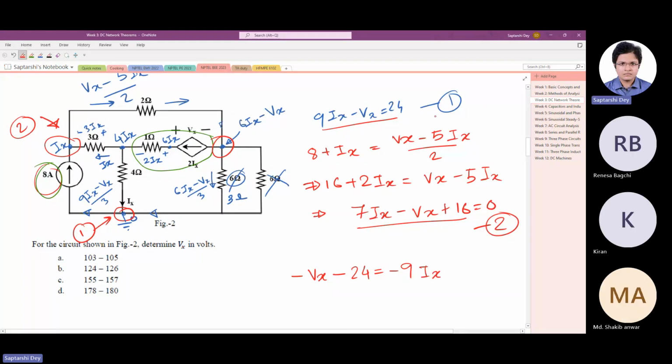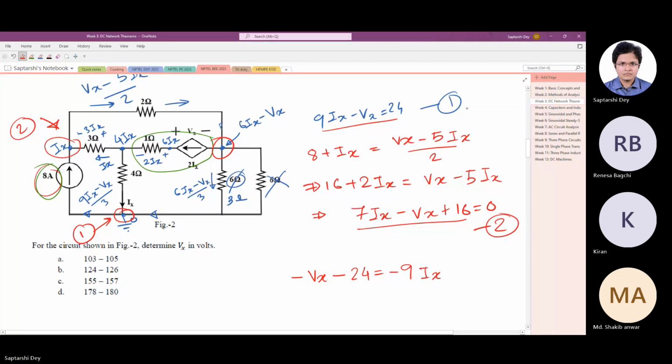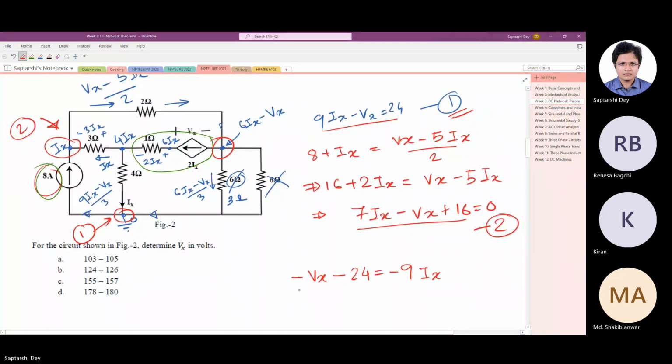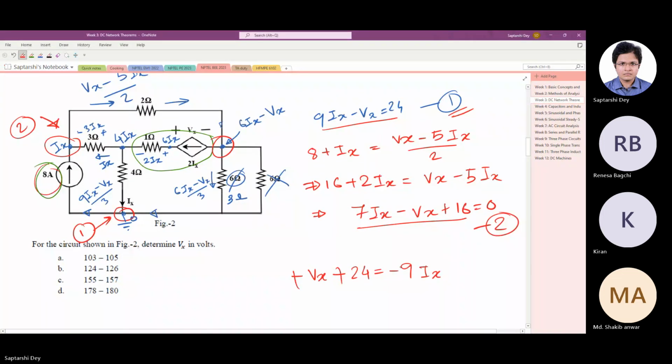Yes, that we got here, equation 1. So these two equations, if you solve, we will get the same answer.